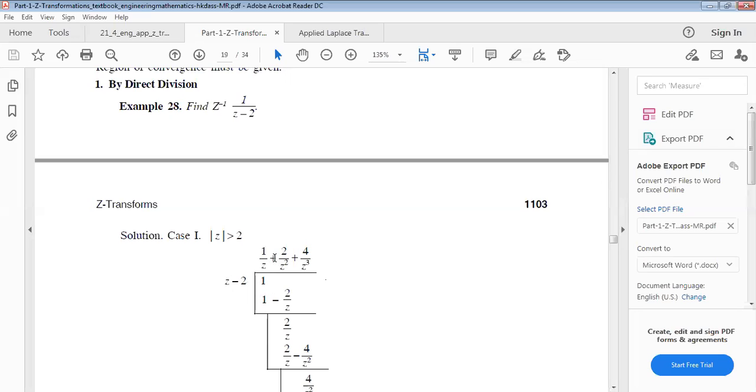After multiplying the first term with Z minus 2, we get 1 minus 2 by Z.